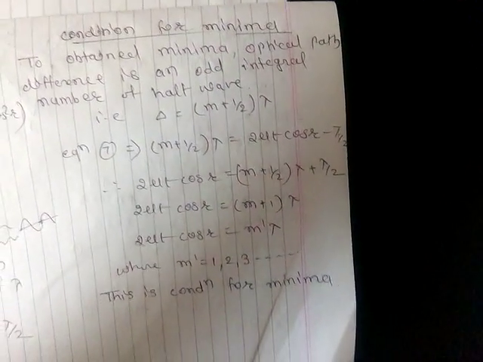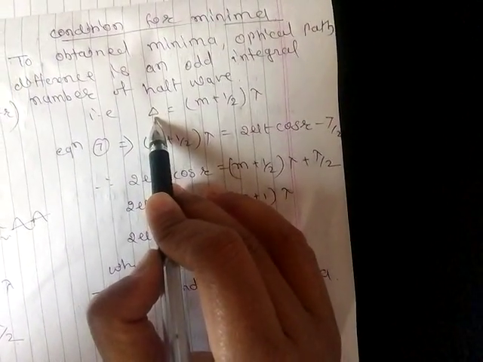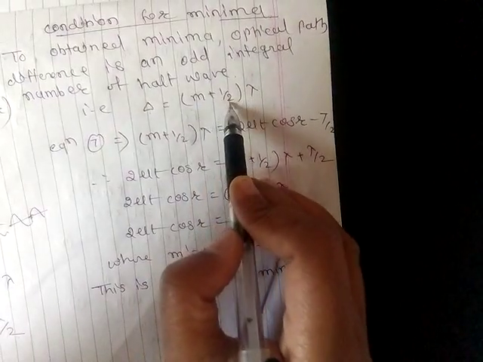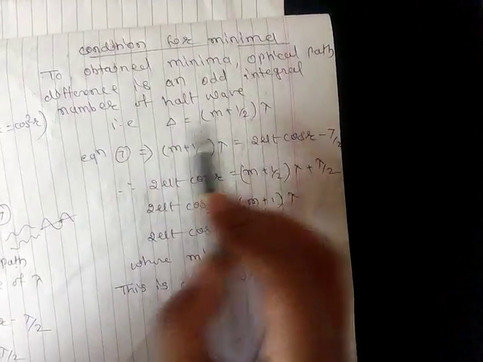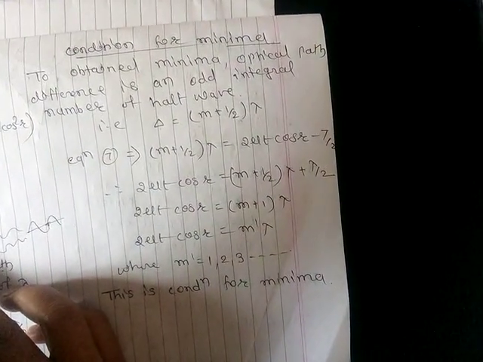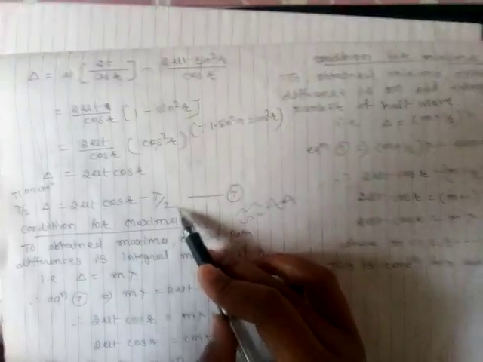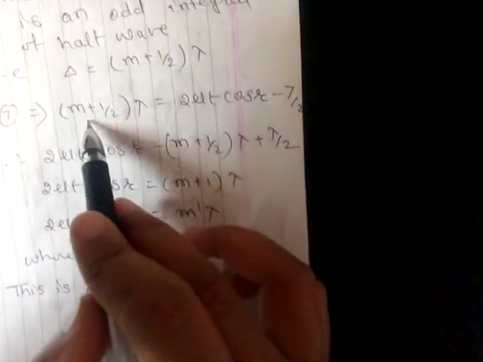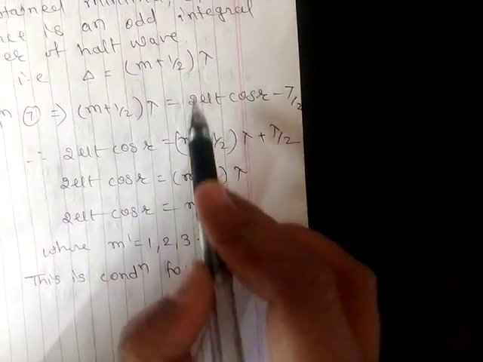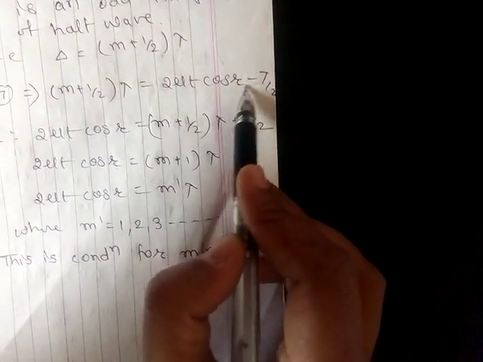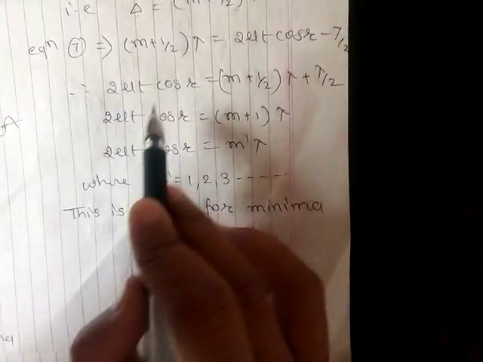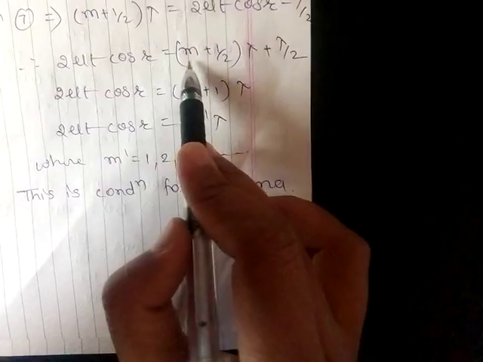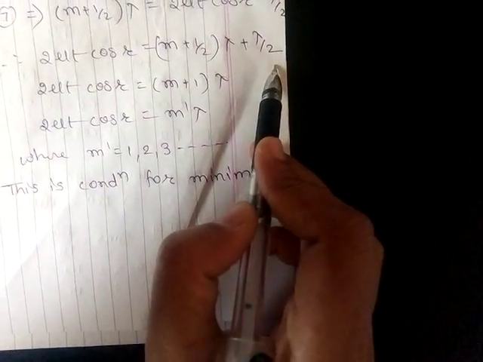Similarly, the condition for the minima. For the minima, the optical path is equal to m plus half lambda, as we studied in a previous lecture. Substituting this value in equation 7, we get m plus half lambda equal to 2 mu t cos of R minus lambda by 2. Again taking this term across, we get 2 mu t cos of R equal to m plus half lambda plus lambda by 2.